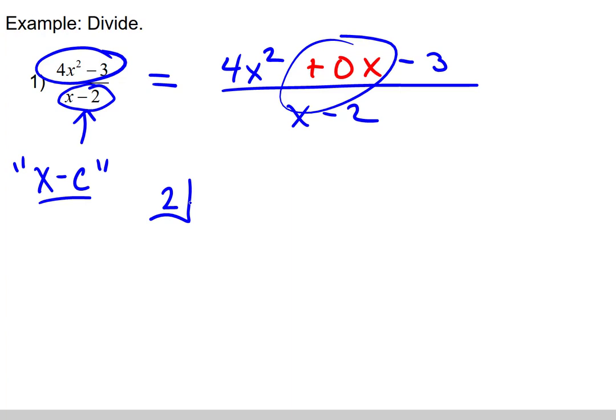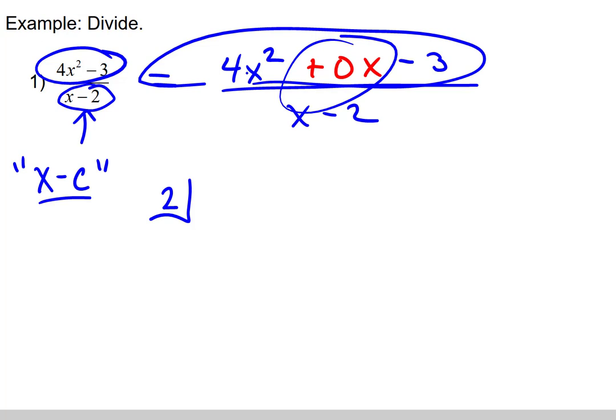Now, once you put that value in the corner there, and of course, the opposite sign thing can be a trick, just make sure you're clear on it. If it were an x plus 2 denominator, then we'd put a minus 2 in the corner, okay? But c goes in the corner. Then we're going to put, in descending order, only the coefficients of our original numerator.